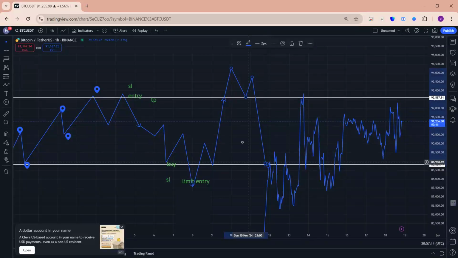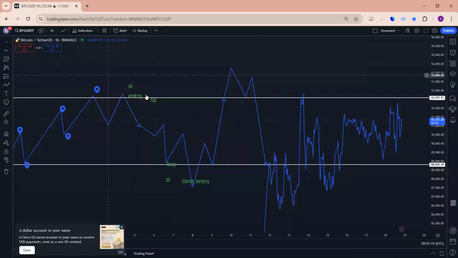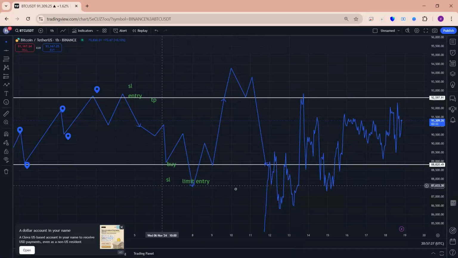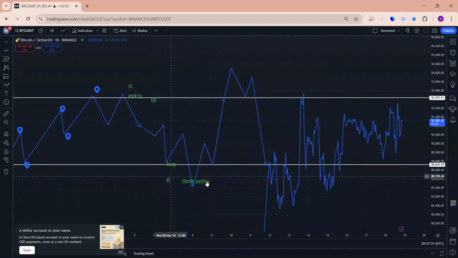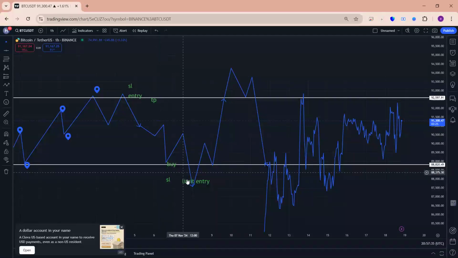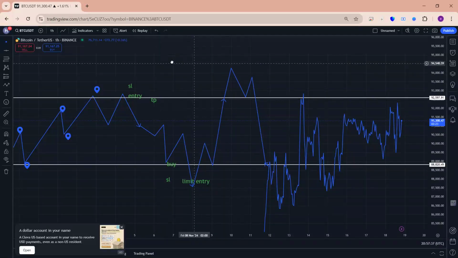Why did it drop? Because the big players' intention is that the market comes down, but they must first sweep liquidity to support that movement. So, in other words, liquidity are the orders you place, the limit orders and market orders below your resistance or below your support. These are the liquidities in the market.